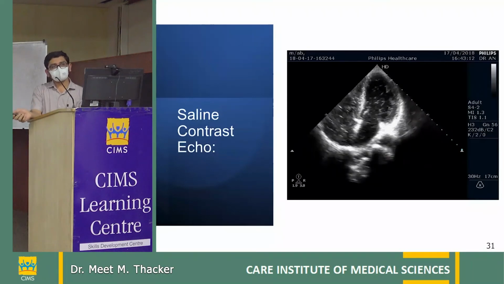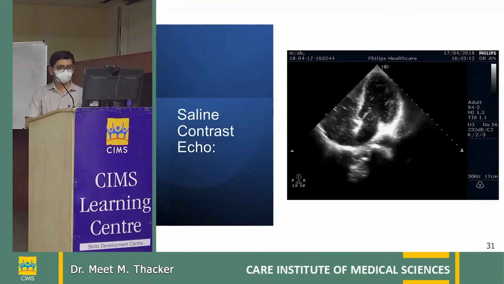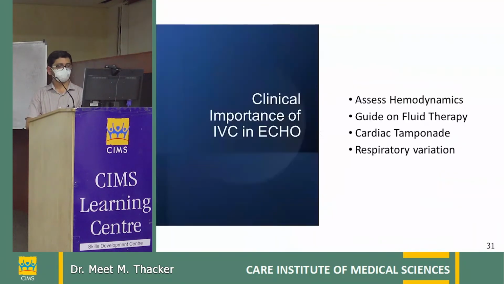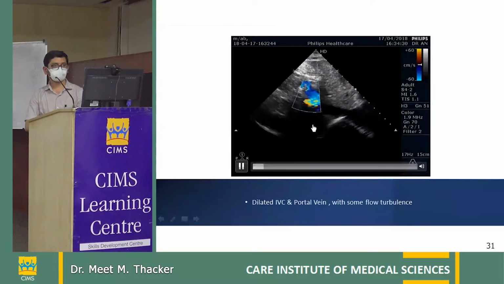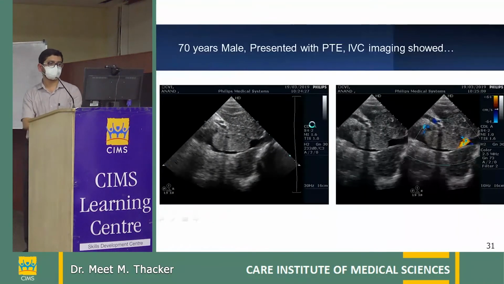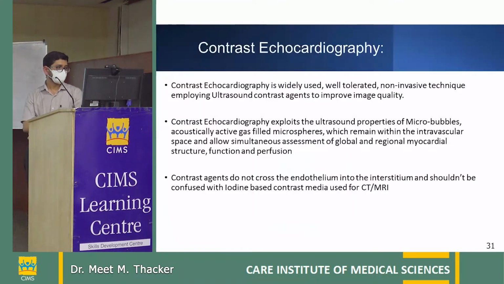This patient was later proven to be PAVMs. So the lesion that we saw here in IVC was an Abernethy malformation, which is an extrahepatic portosystemic shunt.